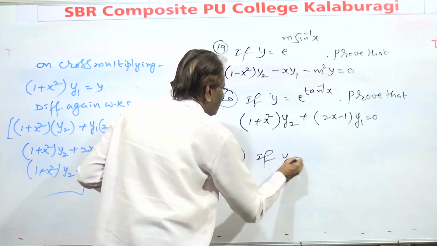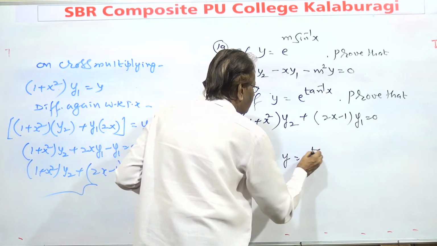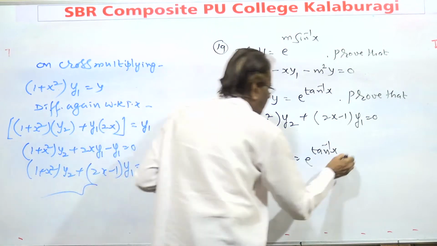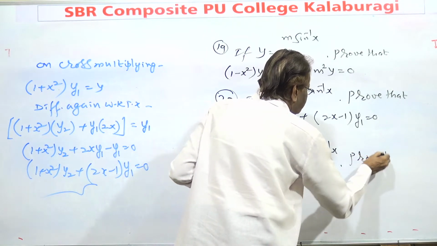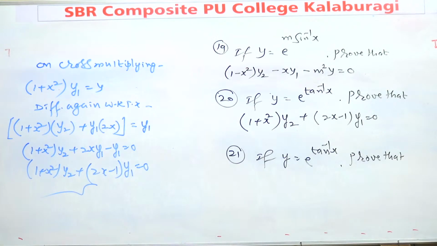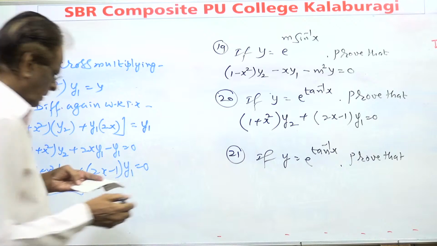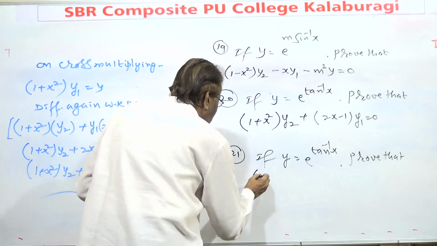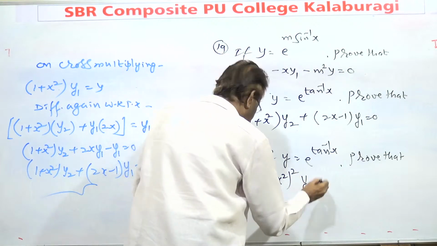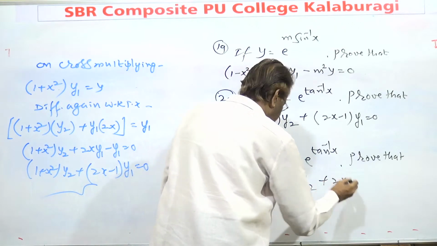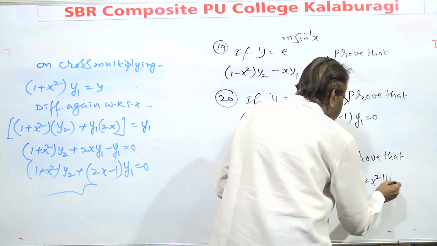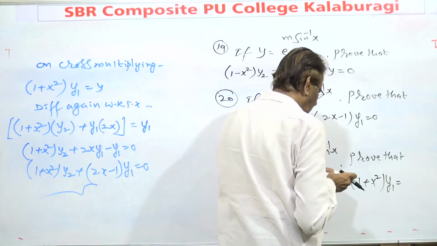If y equal to e to the power tan inverse x, prove that one plus x squared whole squared into y2 plus 2x, 1 plus x squared into y1 equal to y.